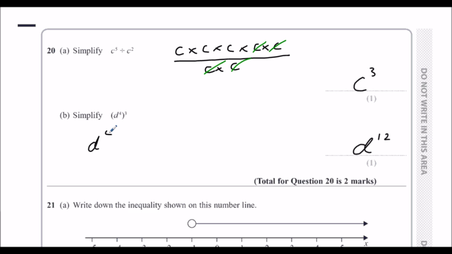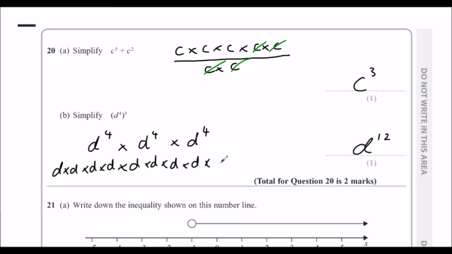So d to the power of 4 times d to the power of 4 times d to the power of 4 is d to the power of 4, cubed. And each d to the power of 4 means d times d times d times d. So we've actually got 12 d's multiplied together.